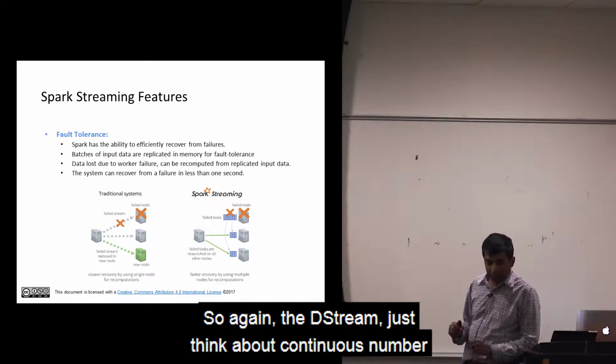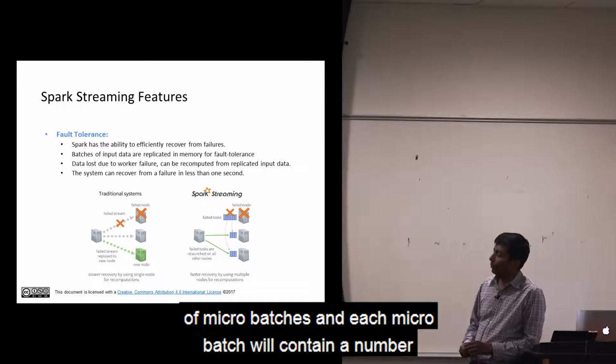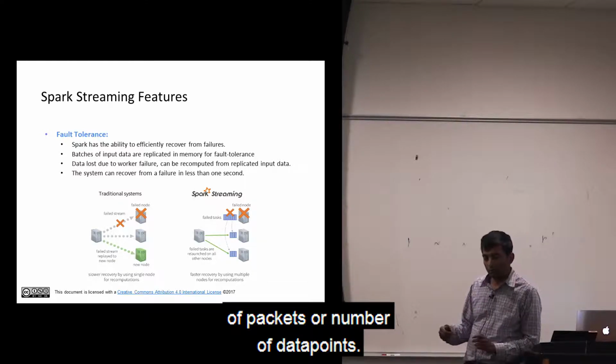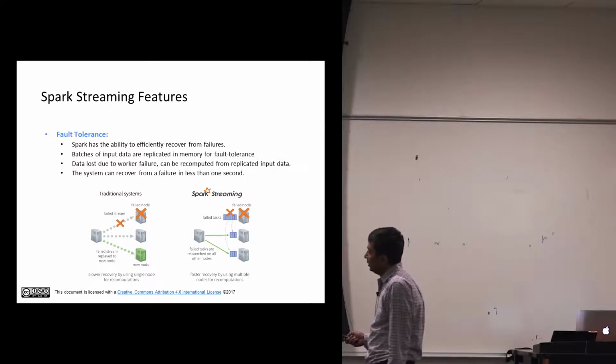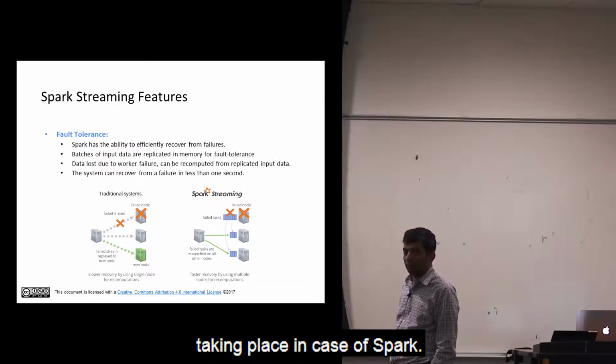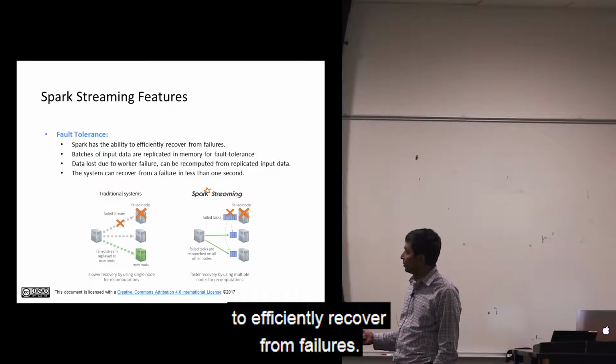Again, for the DStream, just think about a contiguous number of micro batches, and each micro batch will contain a number of packets or data points. And here I just try to show how fault tolerance takes place in Spark. Spark has the ability to efficiently recover from failures.